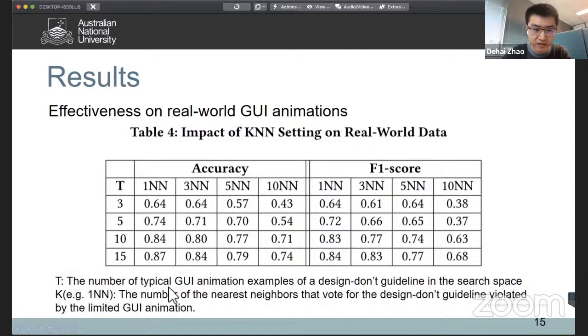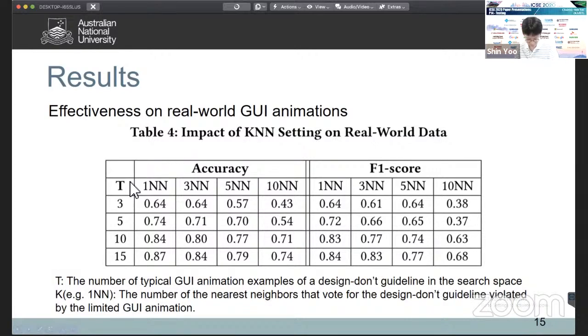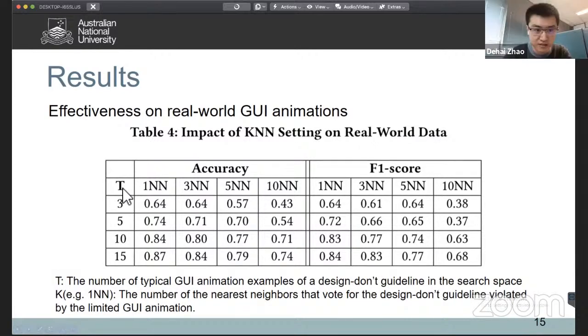T is the number of typical GUI animation examples of each design don't guideline in the search space, and K is the number of nearest neighbors used to determine the design don't guideline violated by the linted GUI animation. You can see increasing T continuously improves the performance, which means the more examples in the search space, the more comprehensive the search space becomes.